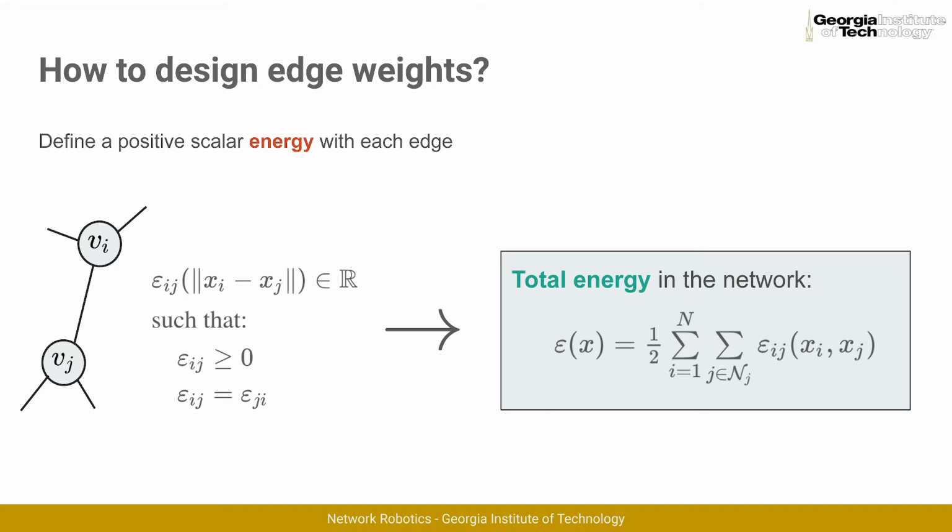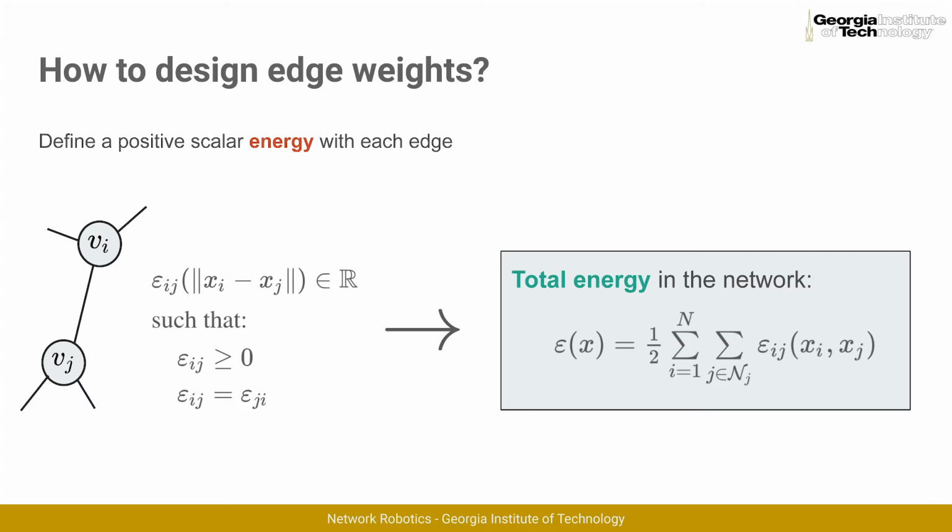In addition, in order for a quantity to be an energy, there are two conditions it should meet. One, it should be a real valued quantity, always greater than or equal to 0. Second, it should be symmetric, meaning that the energy between two nodes i and j should be equal to the energy between j and i.